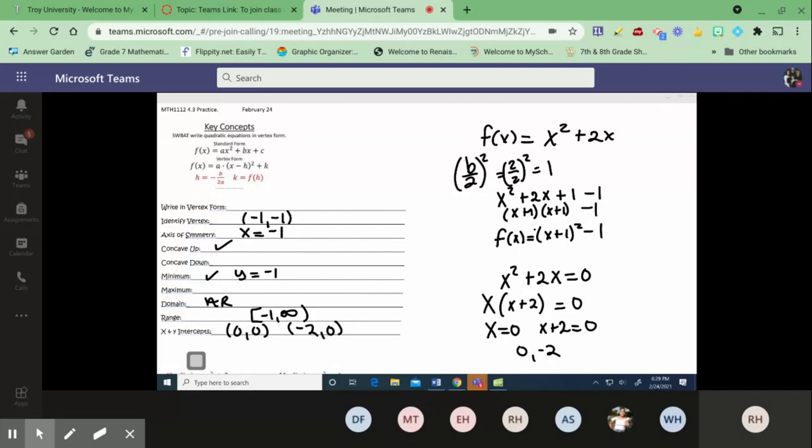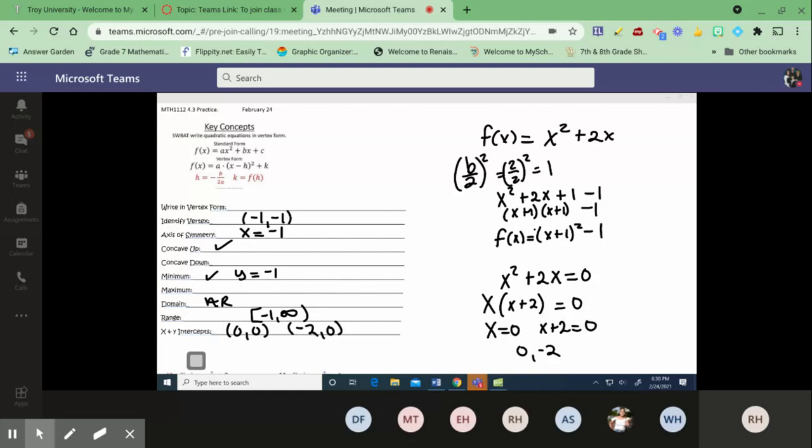Now sometimes when you get to those x and y intercepts and you've got a quadratic that doesn't factor, what do you have to fall back on? If it doesn't factor, what do you need? What will always factor a quadratic? The quadratic formula. Do you remember what that is?